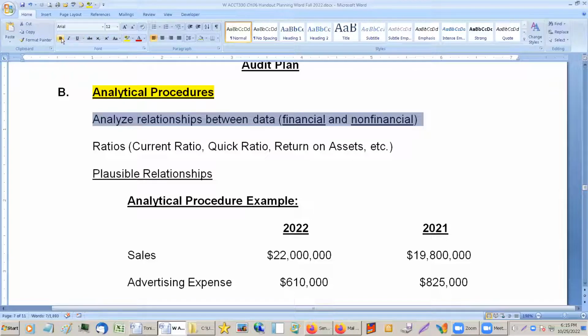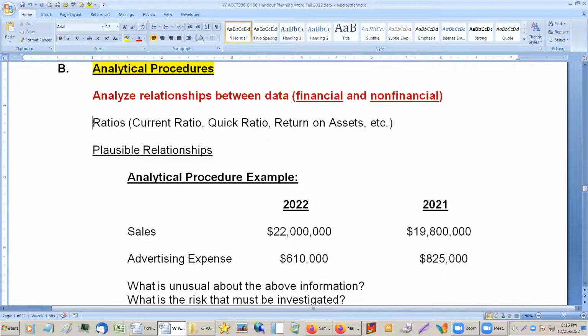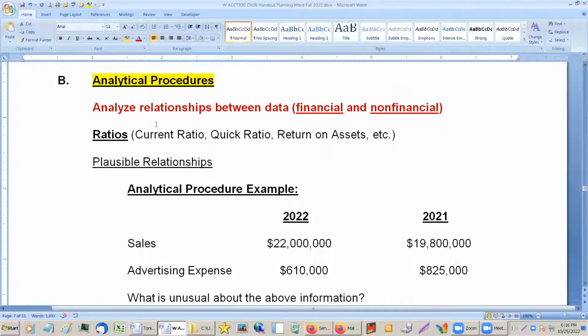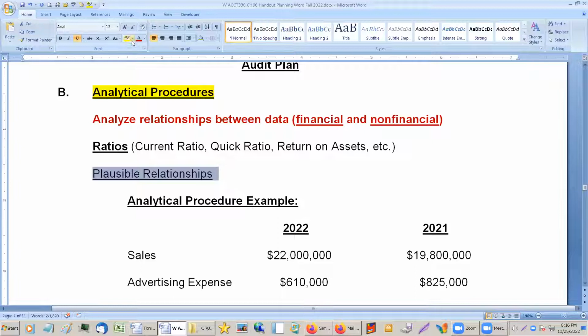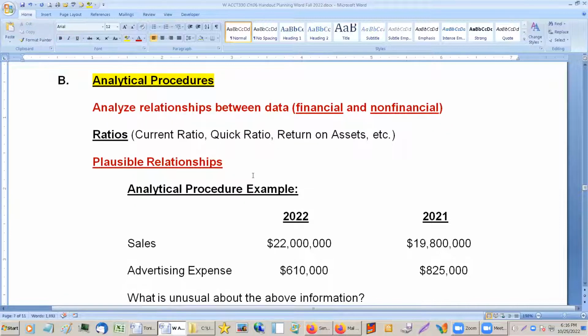So that's kind of what it is. We generally look at ratios. So ratios are a real big thing for analytical procedures. And one thing all analytical procedures generally have in common is that they're looking for what they call plausible relationships. I'll show you what I mean in a second.